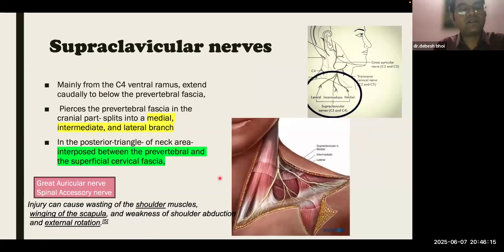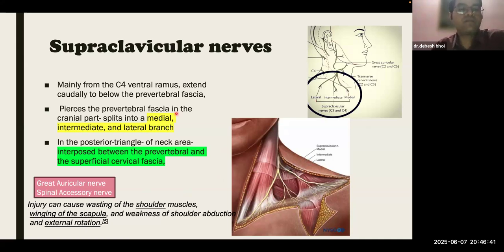During this analysis, sometimes we might encounter the superficial plexus branches like the supraclavicular nerves or the great auricular nerve, or a cranial nerve, the final part of the accessory nerve, because these nerves are also located in this area, so you can identify them simultaneously. If required, in some cases a block or intervention of these nerves can be done.